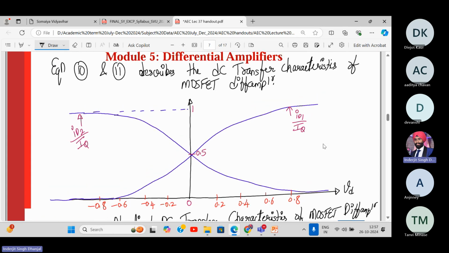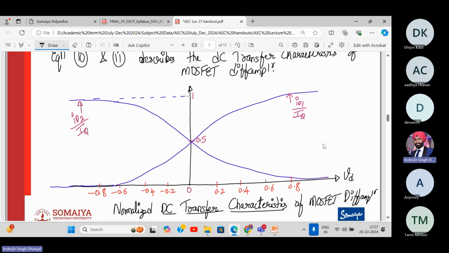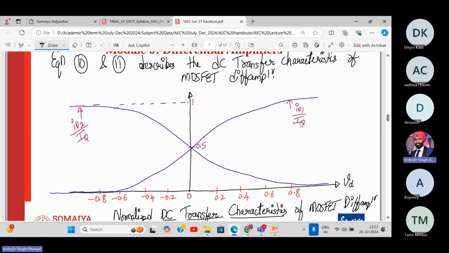Did you understand the meaning of normalized? Normalized means ID1 upon IQ. So it will be just a number. So it can be 1 when ID1 and IQ are equal.